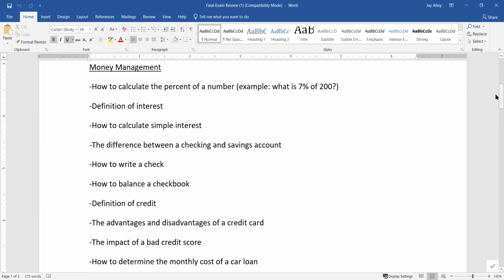But Ruth, you didn't multiply 7 times 200, because 7 times 200 is 1,400. You multiplied 0.07 times 200. That's 14. So you did the correct calculation, but you didn't quite say it right.